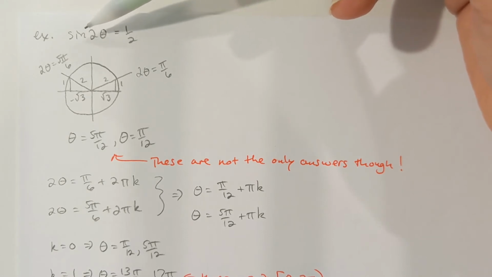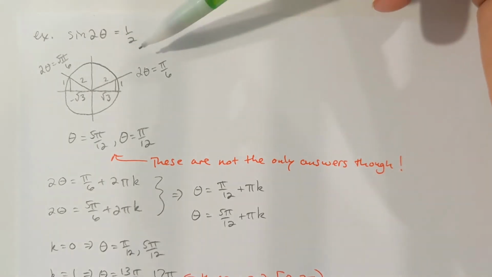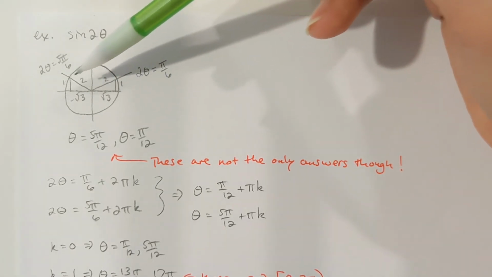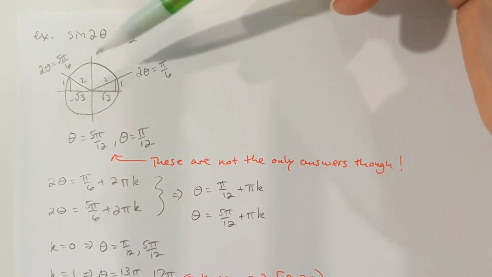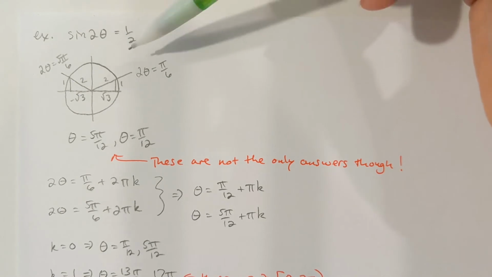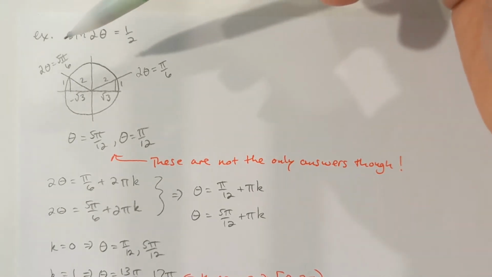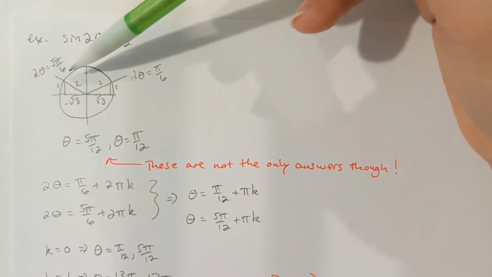If I had sine of 5 pi over 6, that would also be 1/2, because the opposite side is 1, the hypotenuse is 2. But again, I don't have sine of theta equal 1/2. I've got sine of 2 theta equal 1/2. So this angle here, I want to be calling 2 theta. 2 theta would be equal to 5 pi over 6.